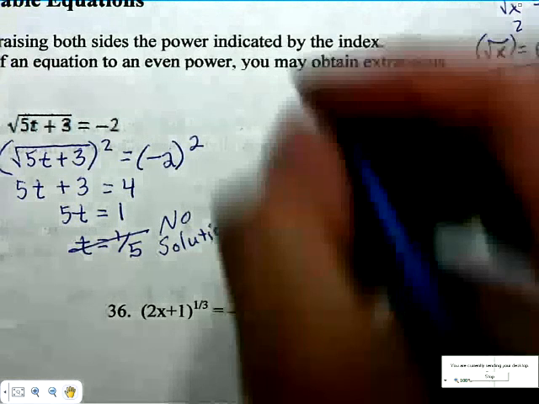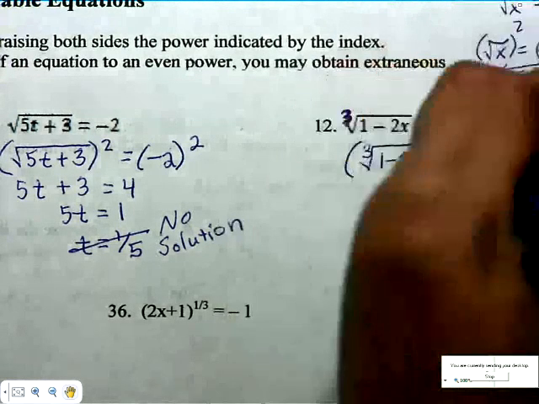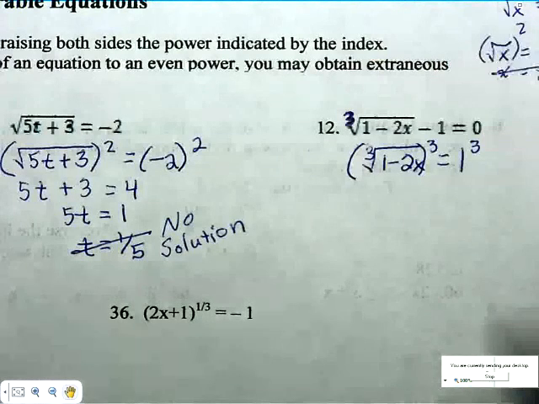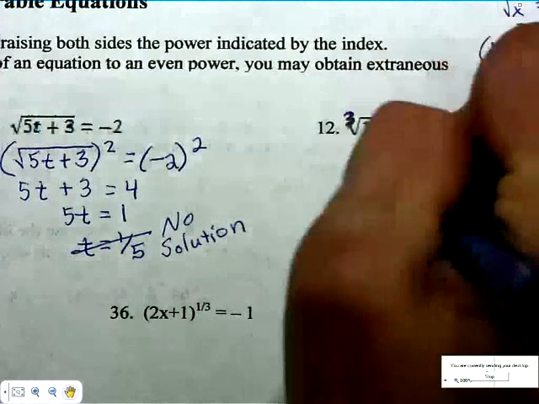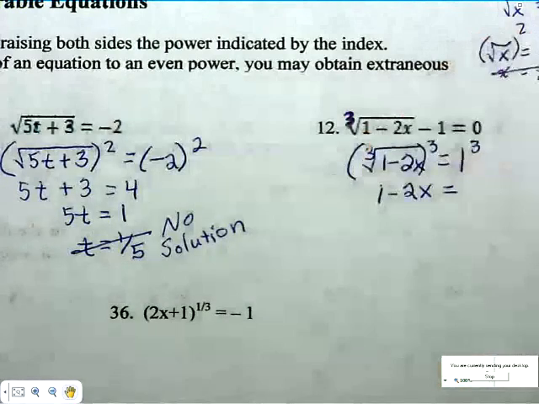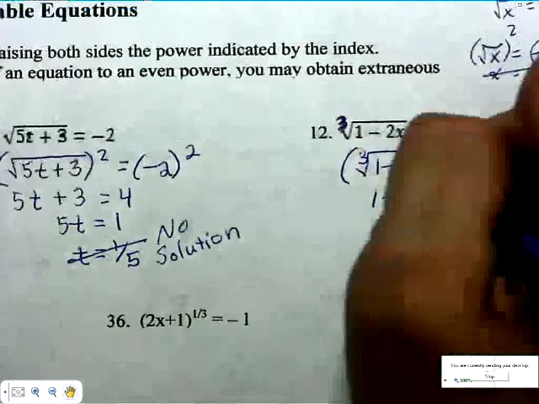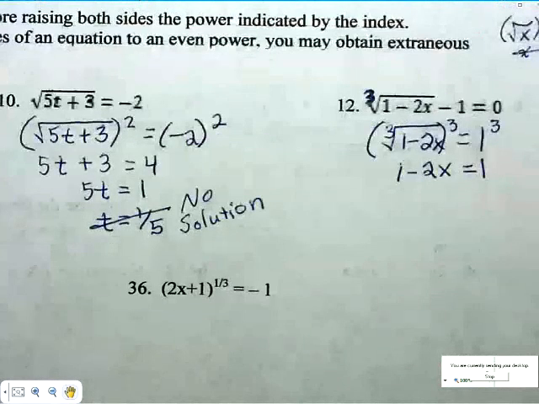I can cube both sides. On the left-hand side, what's the cube root of 1 minus 2x cubed? It better just be 1 minus 2x. And on the right-hand side, 1 cubed is just 1. And then I'm just solving a linear equation.